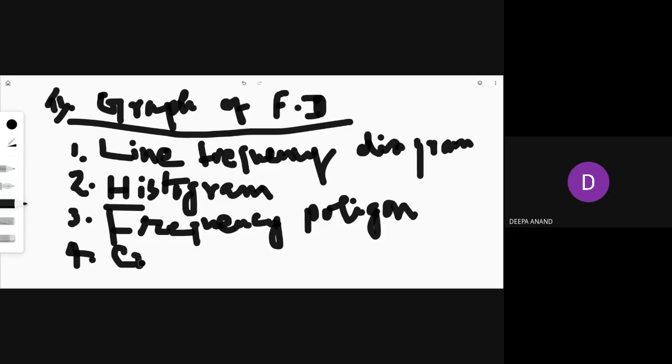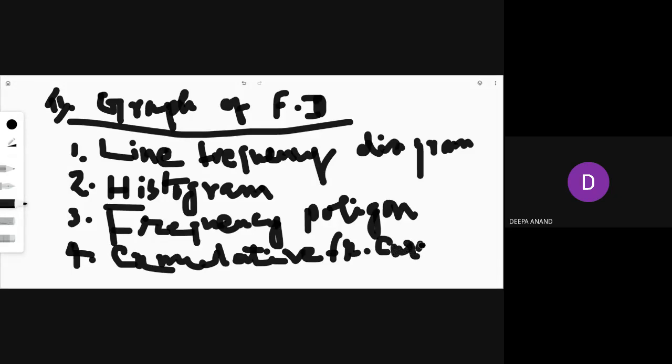Next is cumulative frequency curve, which is also known as ogive, O-G-I-V-E.